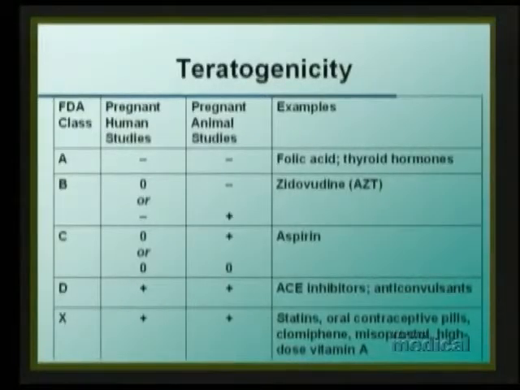So an interesting class is class D. A Class D drug, notice, just like a Class X, is associated with studies both in humans and in animals showing teratogenicity. So why are they not called Class X? Well, because those deal with drugs that could be life-saving to the baby or to the mother, and therefore maybe the teratogenicity risk is not going to be an issue.